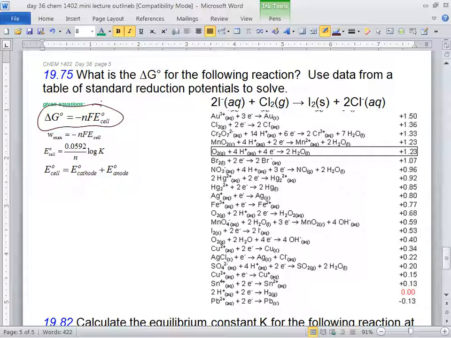And then just add up their E0s, right? So she's going to get the half reactions and get their E0s. Right? Now, and then you add them up and you'll get the E0 cell. So that's the game plan to get that.